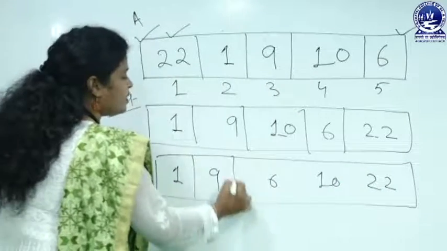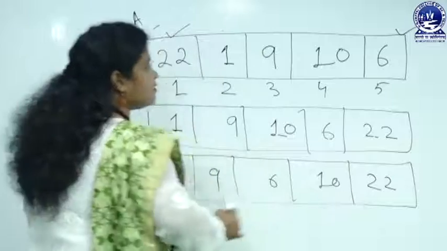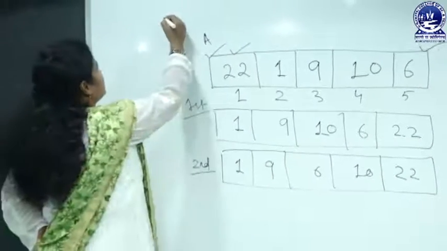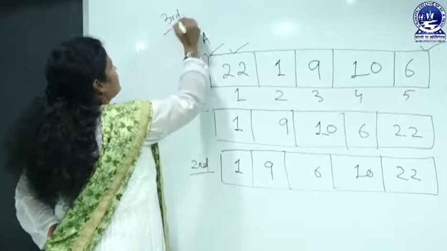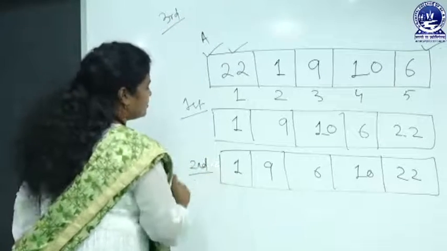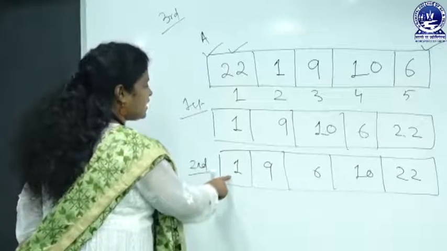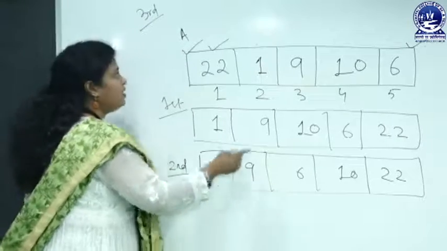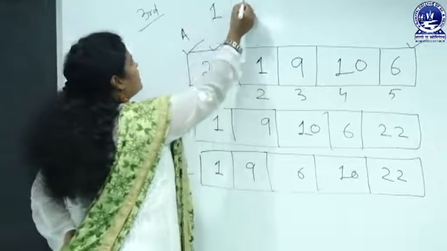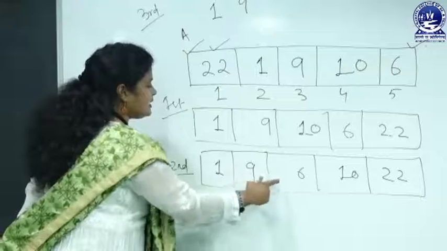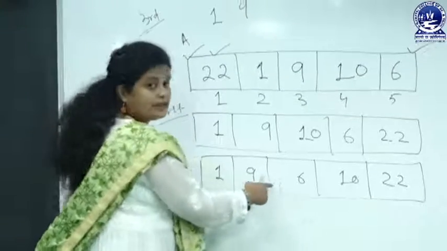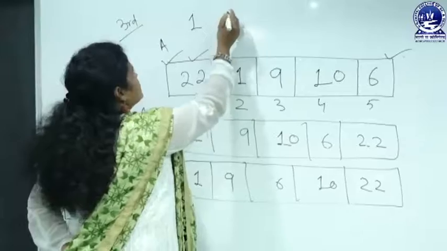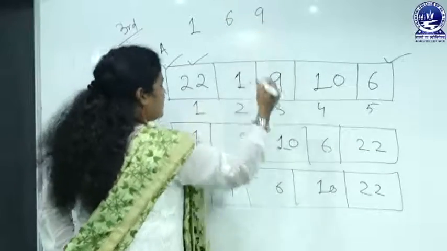Now we will discuss the third iteration. I am writing the third iteration here so that everything will be on the same board. At the third iteration what will happen? 1 and 9, we compare, no interchange, so 1 will be here, 9 will be here, then 9 with 6, yes, 9 is greater in value in comparison to 6, that is why 6 will be here, 9 will be here.